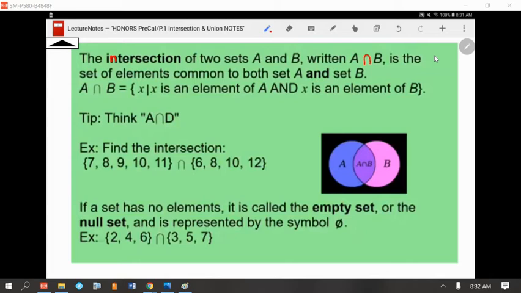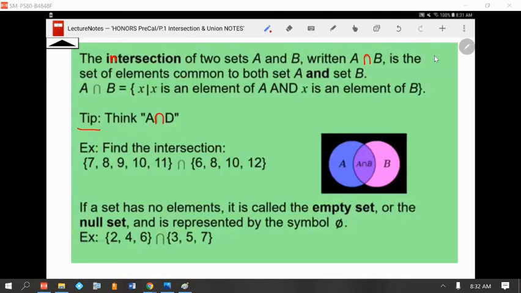It doesn't have the little tail coming back on it, but the intersection of A and B uses the word "and." And if you look down at this tip, "and" has a letter N in it, right?